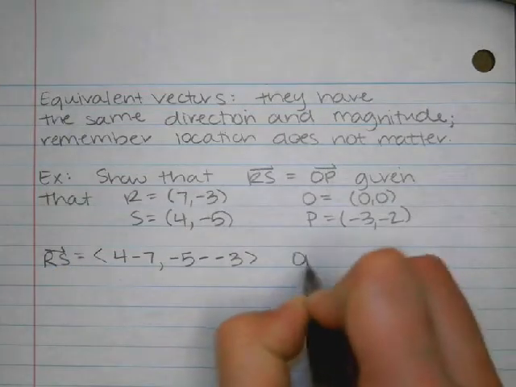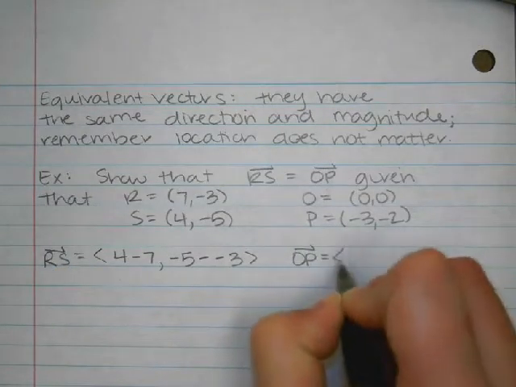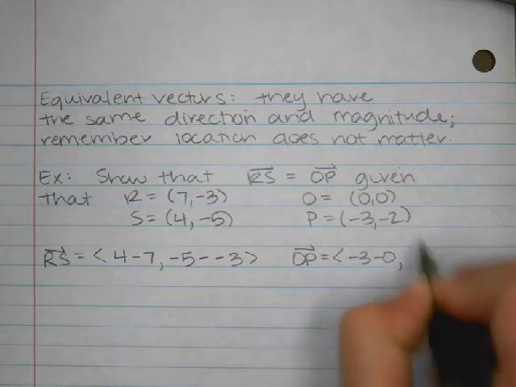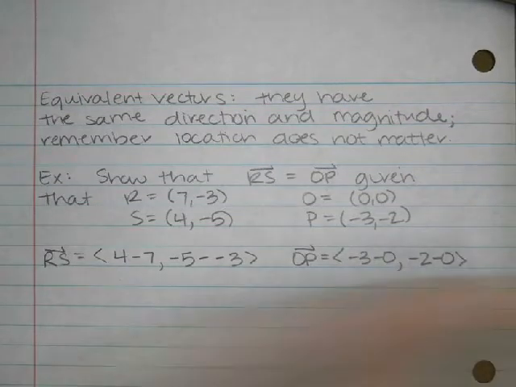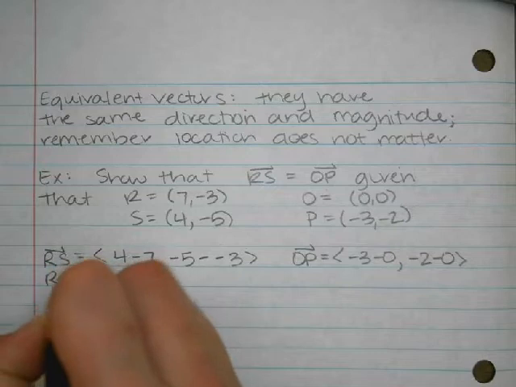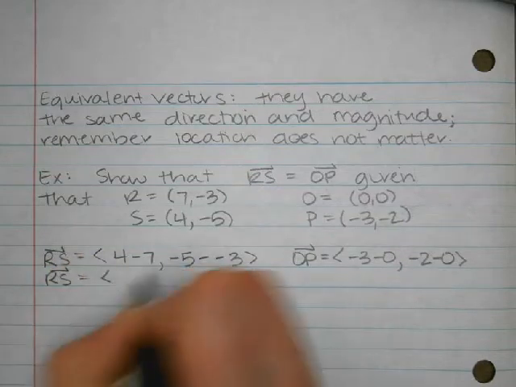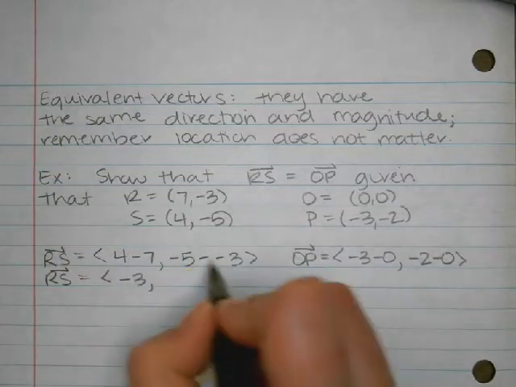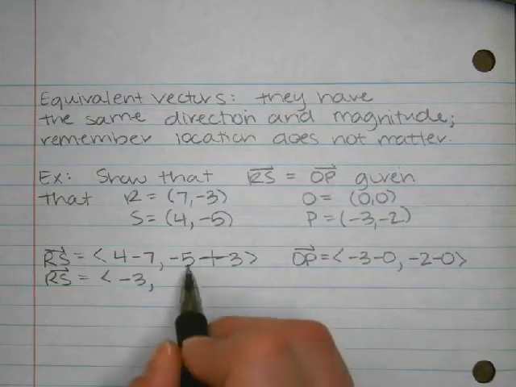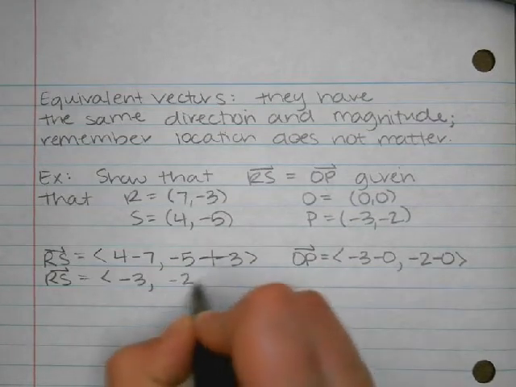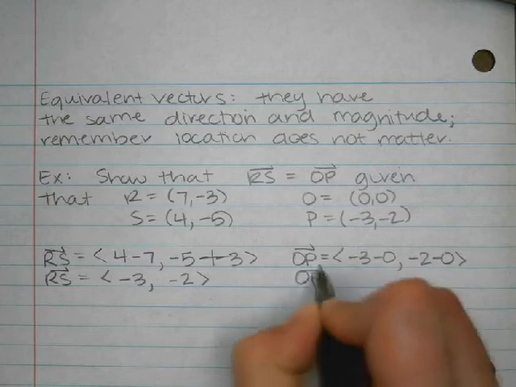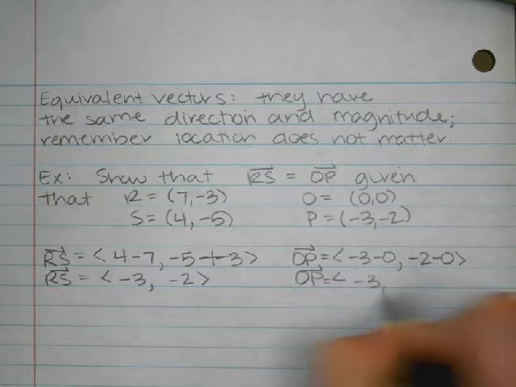So vector OP would be -3 minus 0, -2 minus 0. And so RS, 4 minus 7 is -3, minus minus makes a plus, so -5 plus 3 is -2. OP is -3, -2.